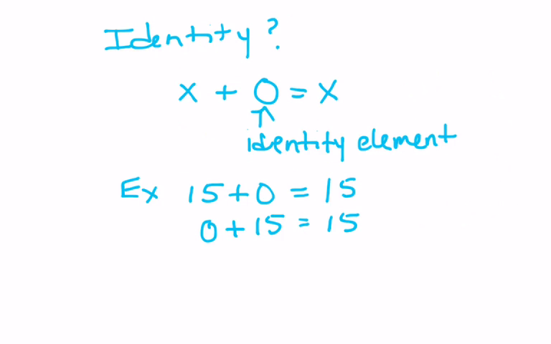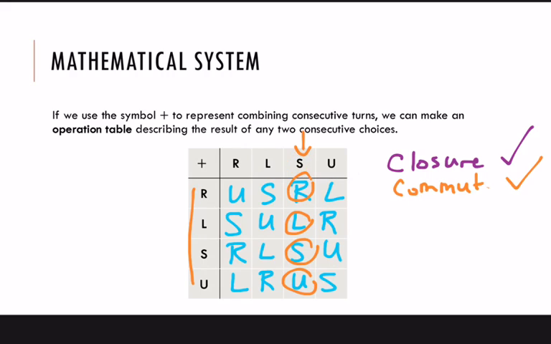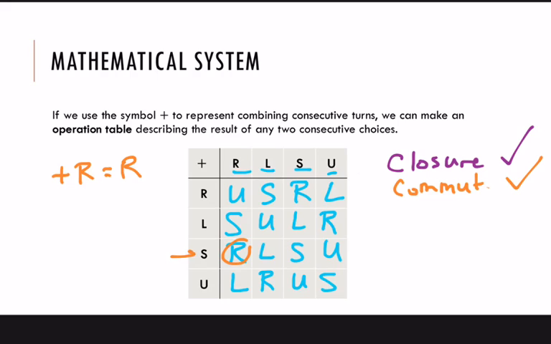So now I would go back, and I don't know what the first number is, but I want to check all of these second numbers and see if there's something that I can add to those that leaves it unchanged. So I would follow, for example, R down, look for the answer of R, and see what was added to R to leave it as an R. So what plus R equals R. And you can see from here, that's S again.